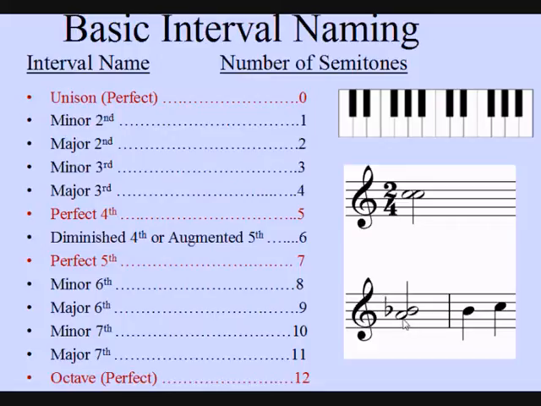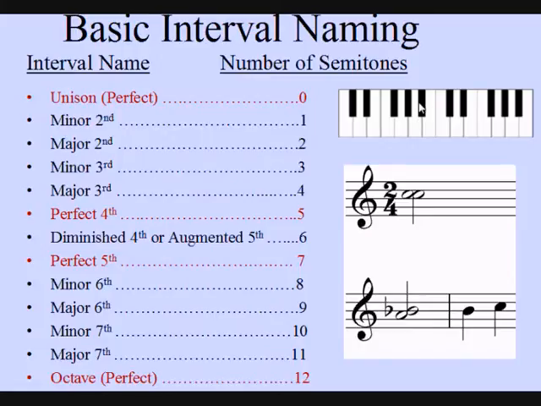If we count it from the staff point of view, we count 1, 2. Remember, staff count goes from number 1, so we go counting 1, 2. Therefore this is a second. We don't know whether it's a minor or major. But now if we count from the semitone point of view, the keyboard count, we see that this is an A and this is a B flat.